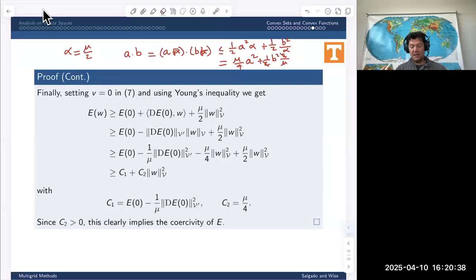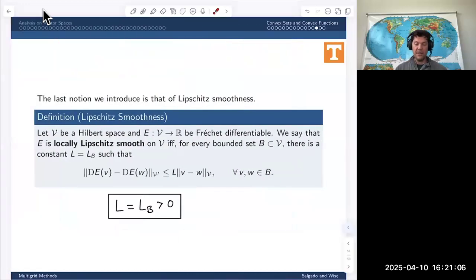The C1 being negative could never destroy the fact that this is going off to infinity. So I clearly have that we're going off to infinity for this quantity, and therefore EW has to go off to infinity. But this implies that we have a coercive function, coercive functional. Okay? So that's the argument that we didn't quite have time to go into last time, but it's not too bad.